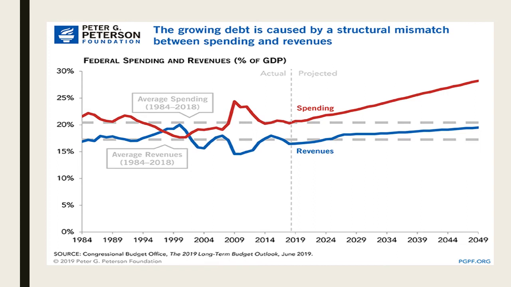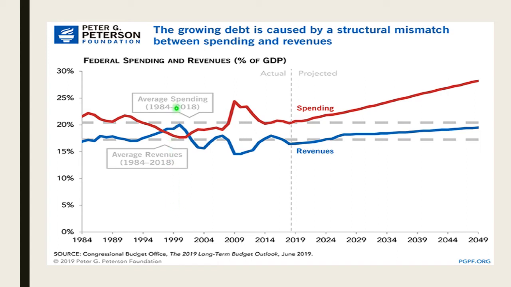According to this graph, you all can see the blue line indicates the average revenue, whereas the red line indicates the average spending. In 1999, you all can see there is an increase in average revenue over average spending.